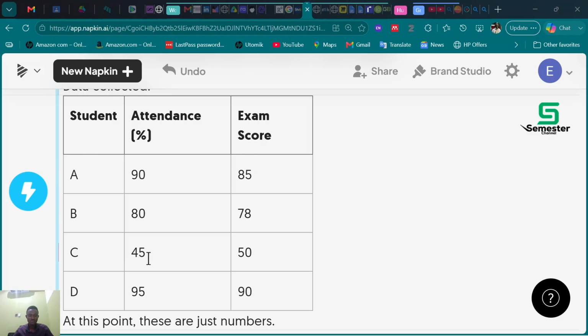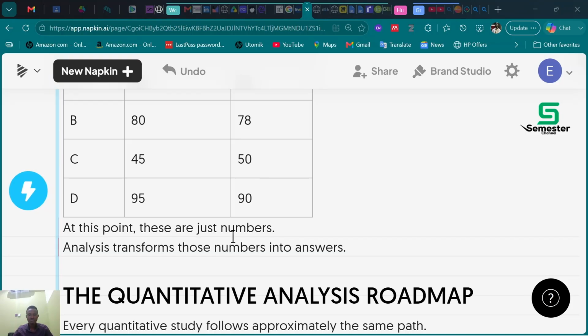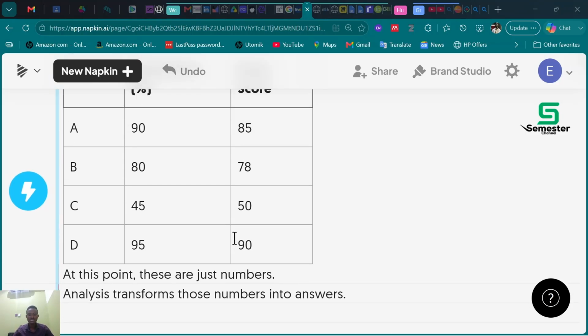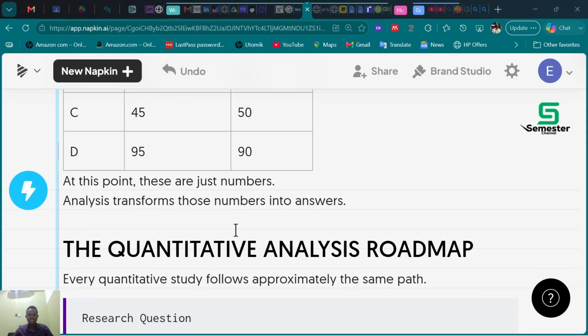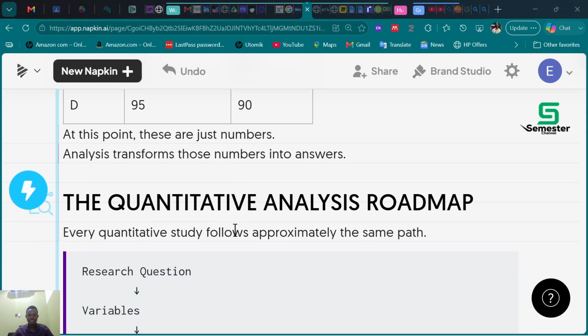Now the one with the least mark was 45, came for 45, and then his score was 50. Now at this point, you can see that these are just numbers, right? But then when we analyze it, it converts these numbers into answers for us, all right, to appreciate what we are seeing with just these numbers.